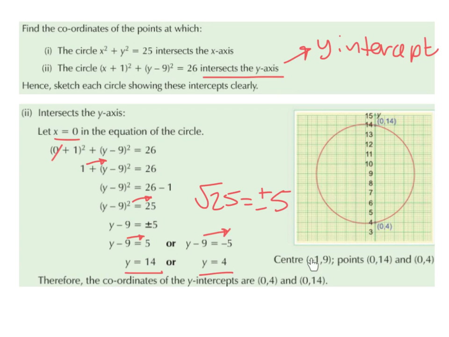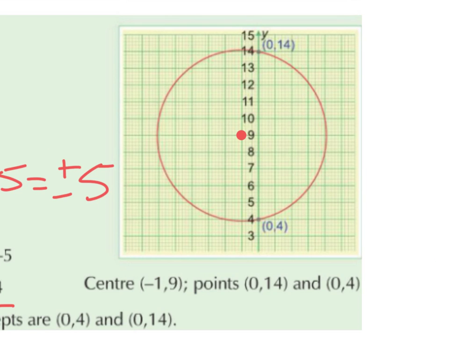So we go to minus 1, 9 on our x and y axis, which is here. We can't actually see our x-axis because it would be down lower than 3 on our y-axis, but this would be lining up with minus 1. So we have an x value of minus 1, and a y value of 9.